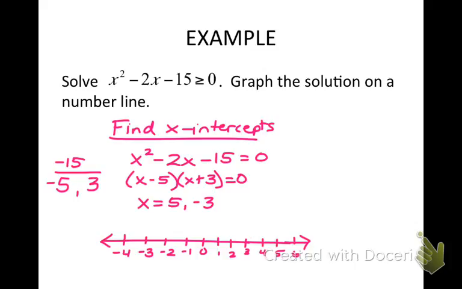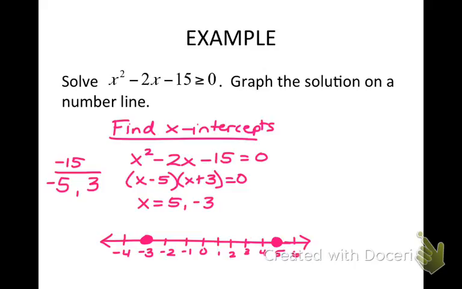Okay, so I've got my smallest number on there and my largest number for my x-intercepts. So something crucial is happening at those two values. Because it's an equals to in my original inequality, I'm going to put a closed dot at negative 3, and a closed dot at positive 5.